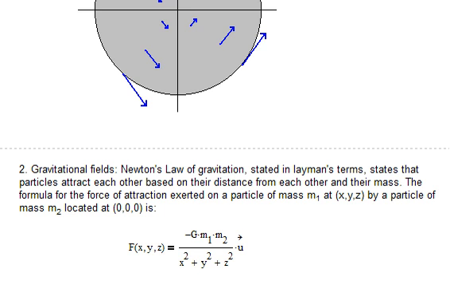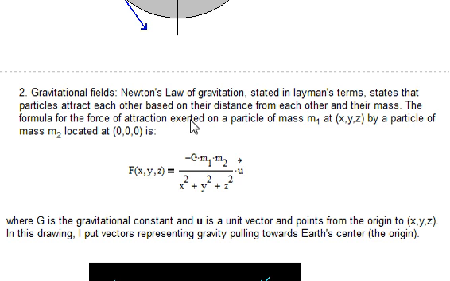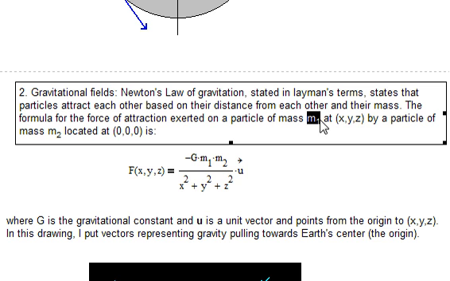Another example of a vector field would be a gravitational field. Newton's law states that particles attract each other based on their distance from each other and their mass. Actually, based on the square of their distance from each other and their mass. The formula for the attraction exerted on a particle of mass m at the point x, y, z by a particle of mass m2 located at the origin is as follows.